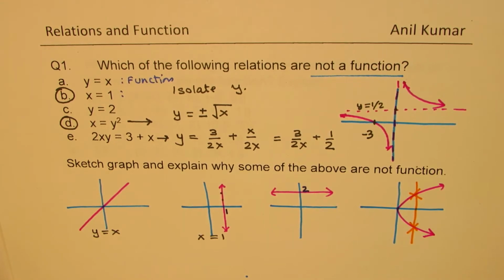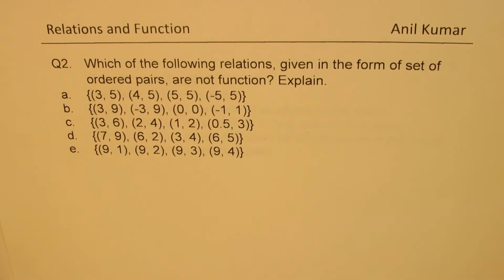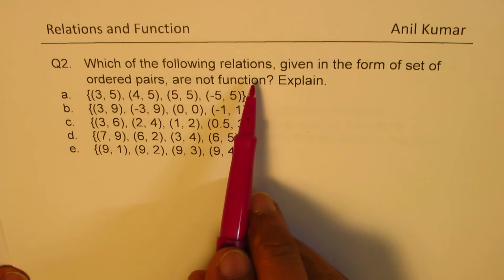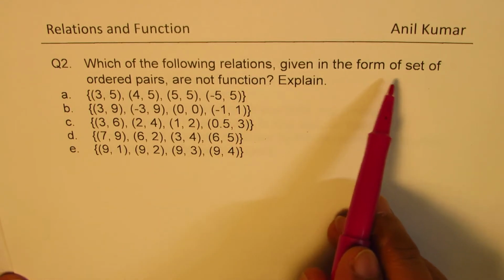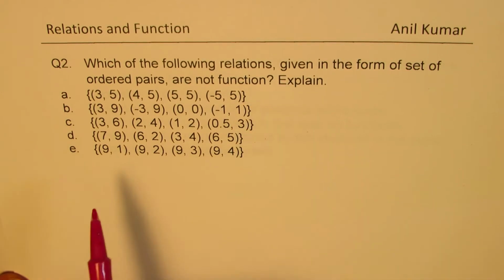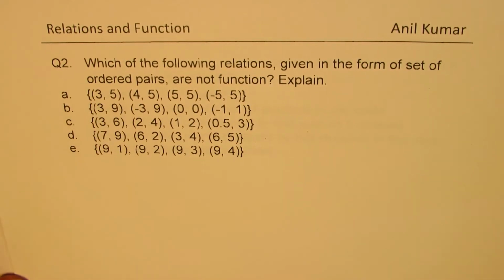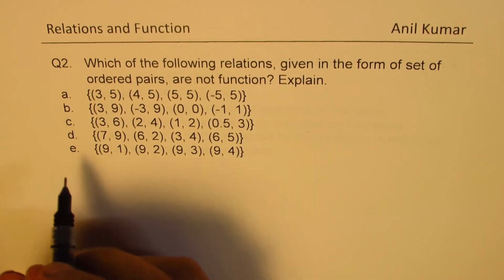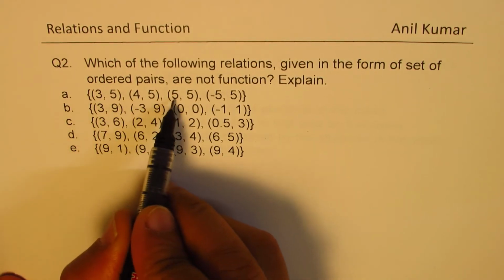Now let's take the second example. In question number 2, which of the following relations given in the form of set of ordered pairs are not functions? Explain. What should you do? So the strategy here is to check the x values, right?